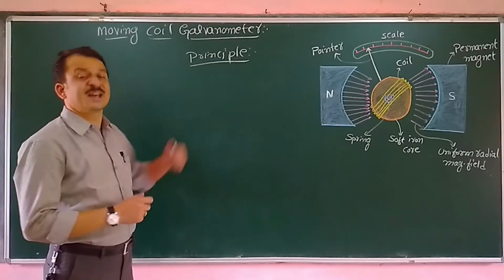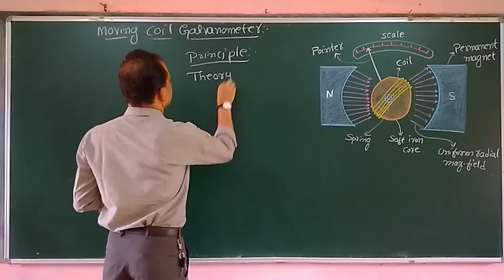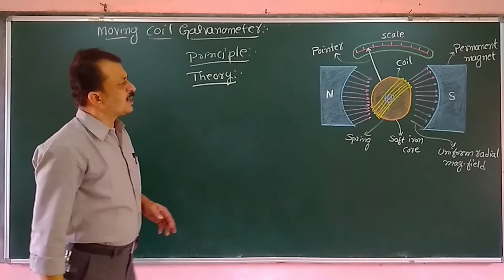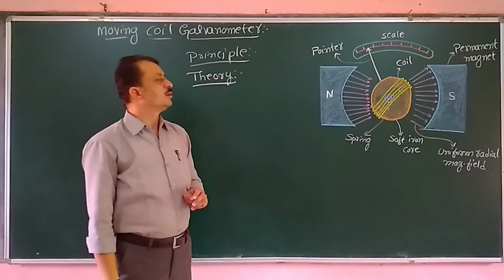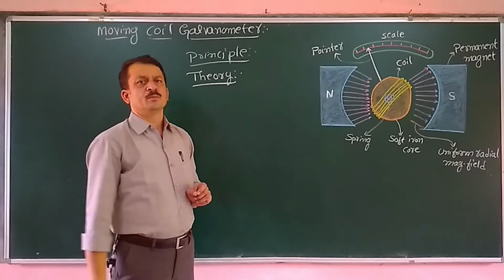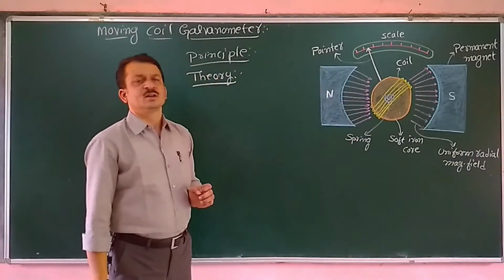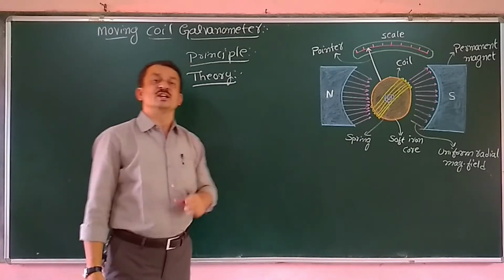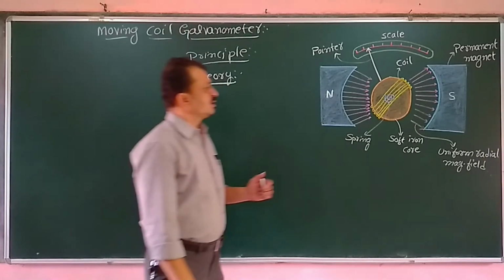Now we will study the theory part of the galvanometer. As and when the current flows through the coil, it becomes a current loop and the presence of the magnetic field produces torque on the coil, that we have already studied.